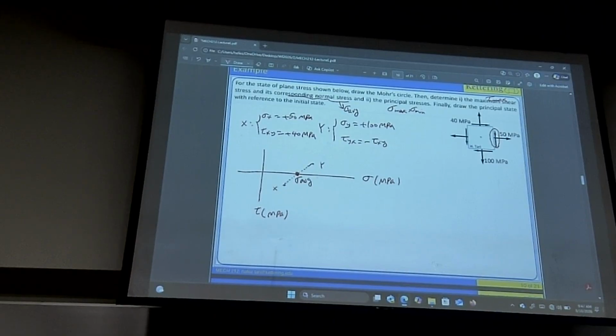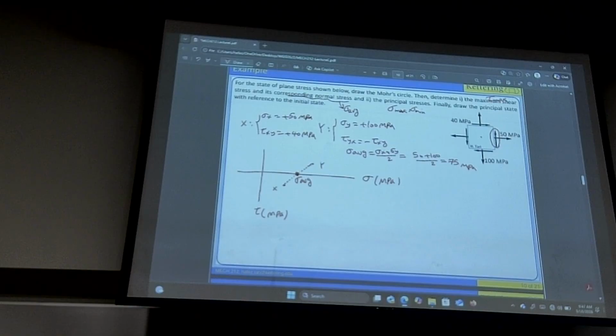Give me the equation for that, please. Sigma x plus sigma y divided by 2. All right, we have 50 plus 100, so 75 megapascal, we have the value. So draw a circle with sigma average as the center of the circle, but it should pass through x and y. So do your best, something like this.